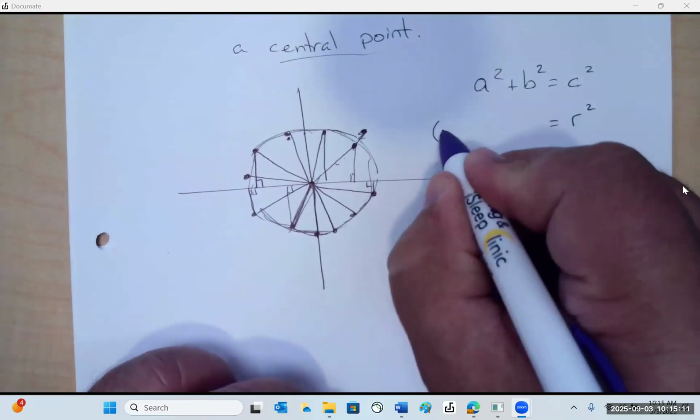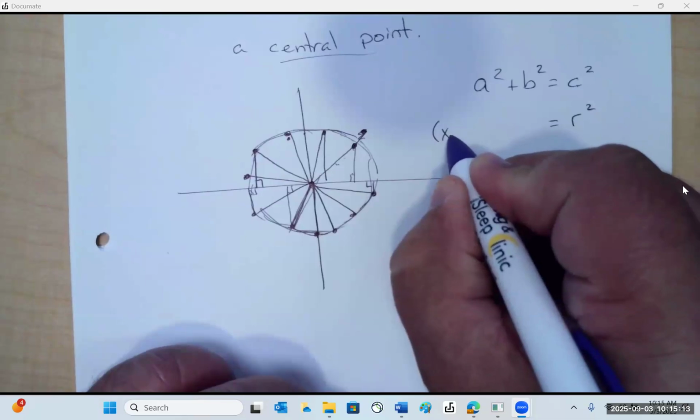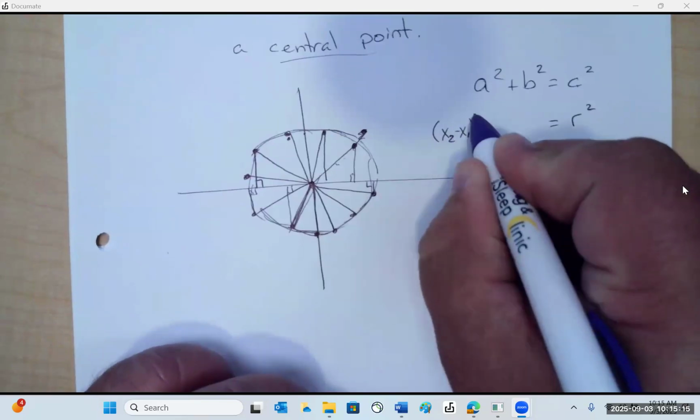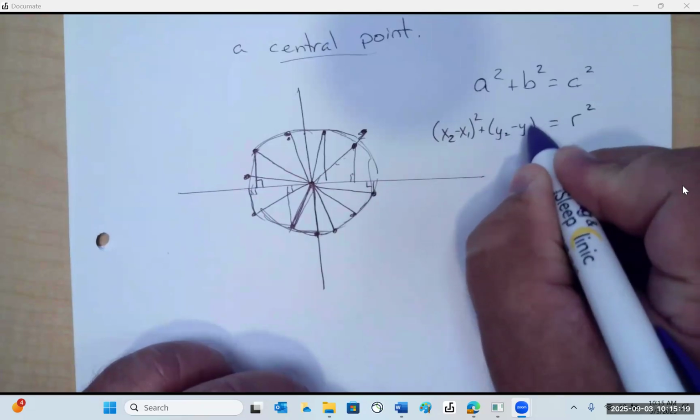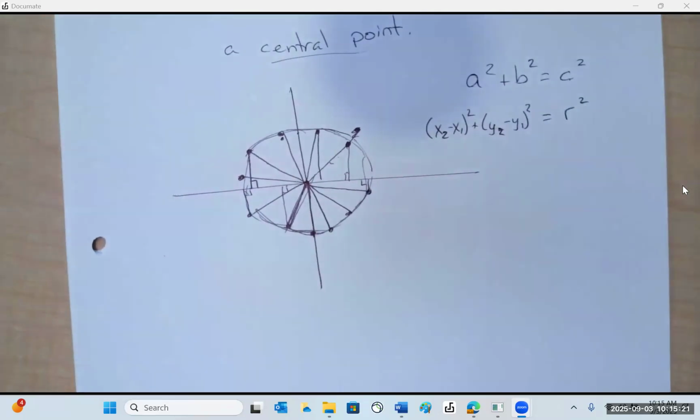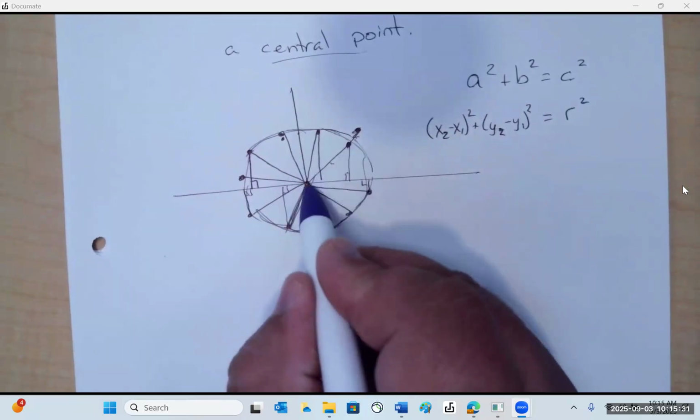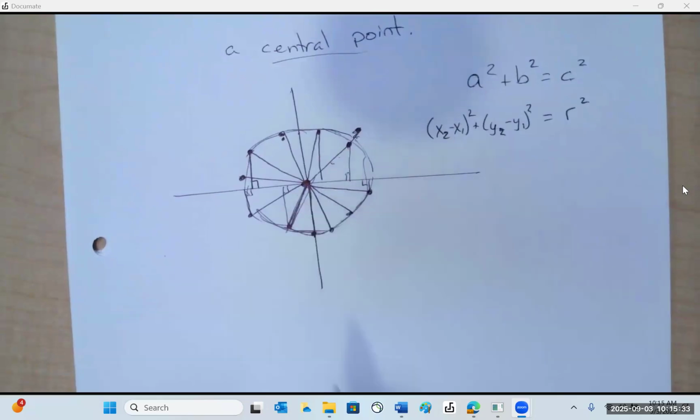A squared, so we have x2 minus x1 squared, y2 minus y1 squared. That hasn't changed. But what has changed is each one of these lines have one point in common.